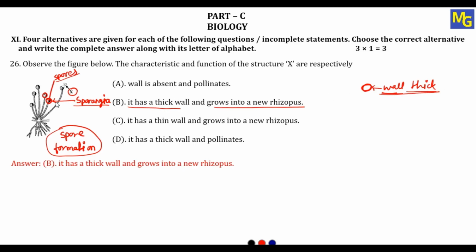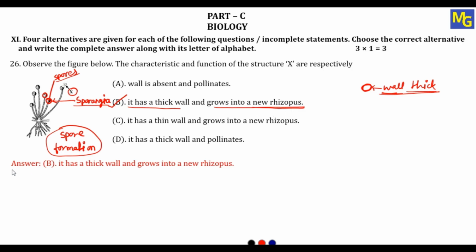Because whenever the sporangia breaks and spores come out, they will travel a long distance with the help of water, air, insects or bird wings. When they travel a long distance, they will be safe in the environment because of the thick wall. And whenever they get a favorable condition, they start growing to give a new rhizopus. That's why the correct answer is option B, it has a thick wall and grows into a new rhizopus.